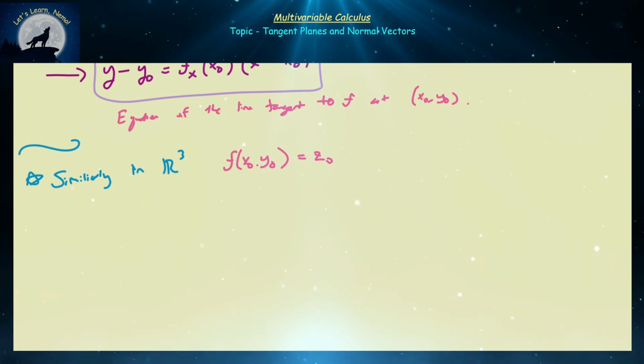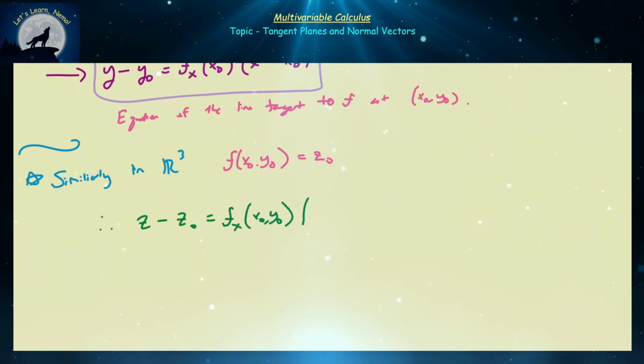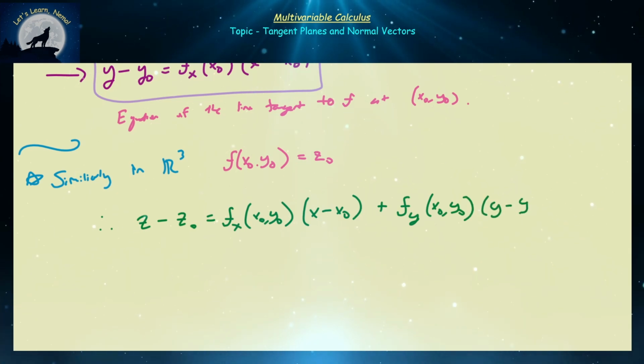If we follow the same exact parallel structure, and you can actually prove this in a similar way as we did in the two-dimensional case, and I'll leave that for you, we're going to have z minus z0 equal to fx at x0, y0 times x minus x0 plus fy at x0, y0 times y minus y0.